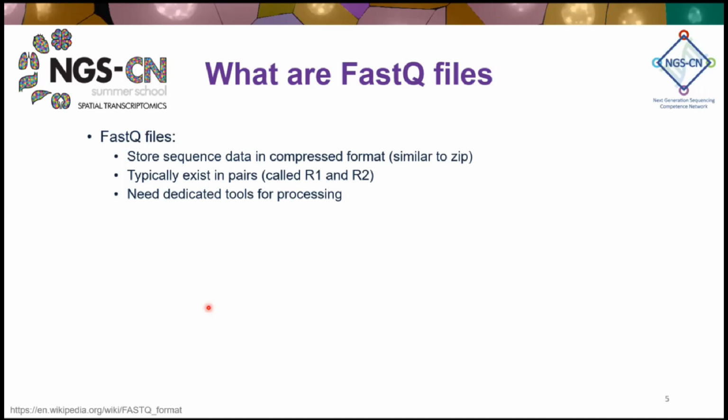This is because today, when you sequence a library construct, you sequence it twice. You sequence it from the left side, and you sequence it from the right side. Left typically is R1, right typically R2. Well, typically.